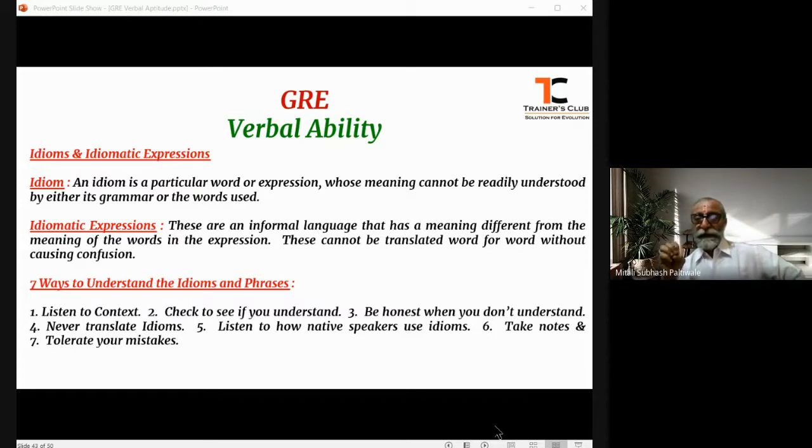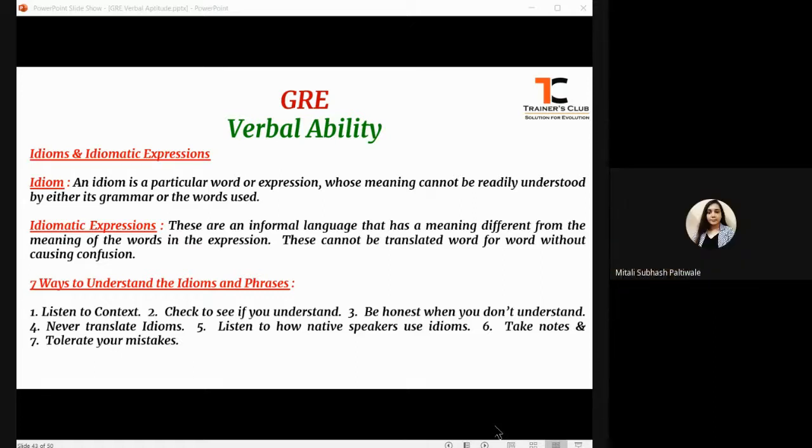What are those 7 steps or ways that one has to practice or understand to understand the idioms and phrases?